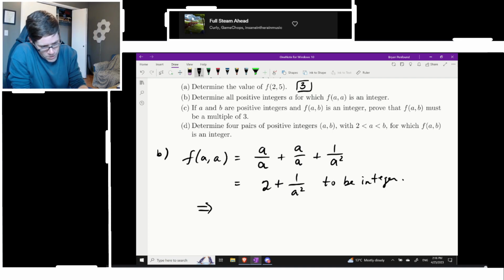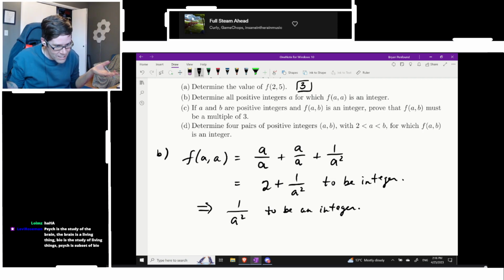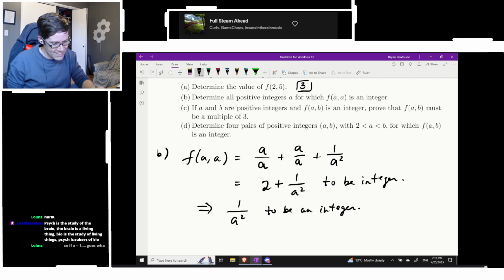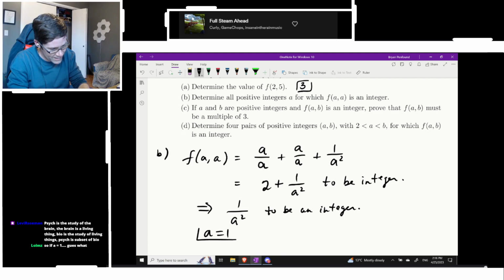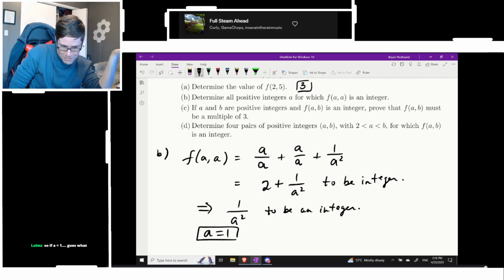So doesn't that mean that we need 1 over a squared to be an integer? Is that it? Is it just 1? That's the only one? Am I going crazy here? Is that the only one we can do?